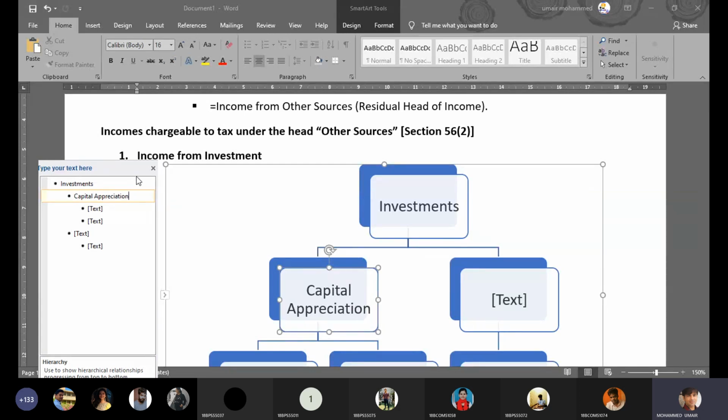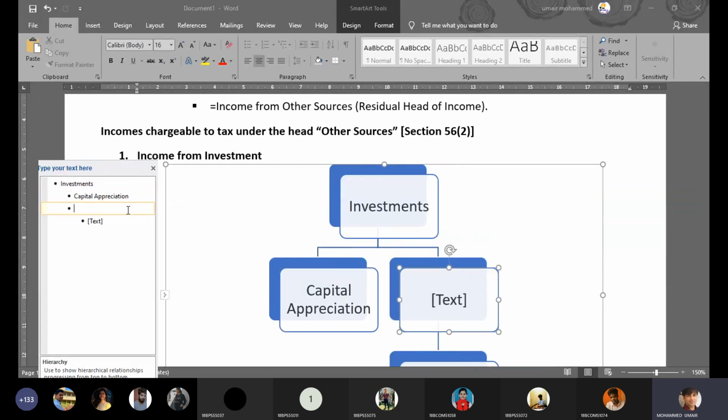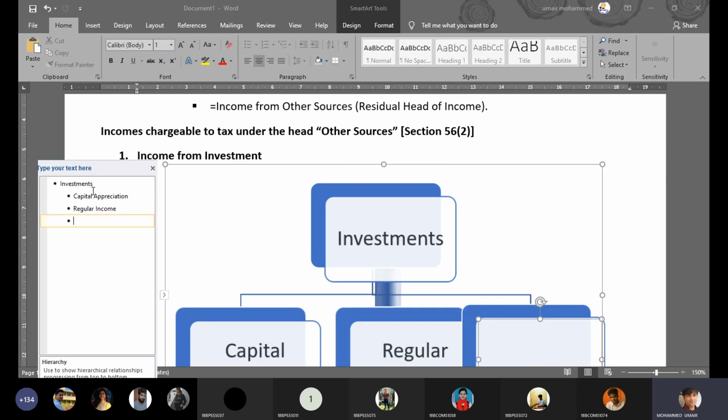And the second category of investment is one which offers you regular income. So the choice is left to you which one you want.